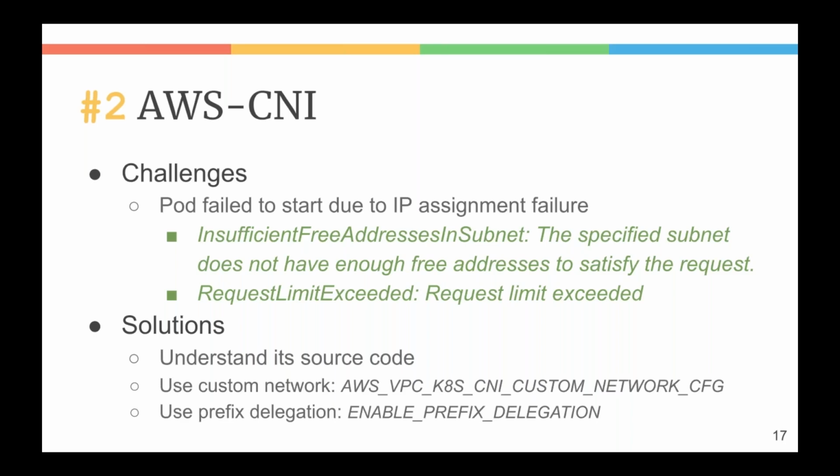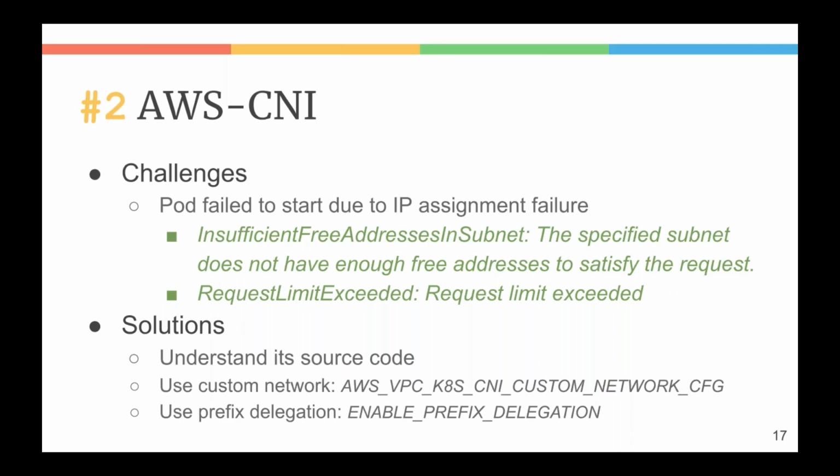Before we made any change, the first thing we did was analyze its source code. The reason is that the AWS VPC CNI is a very crucial component to us, I mean, to EKS. If it's down, it will affect your service.